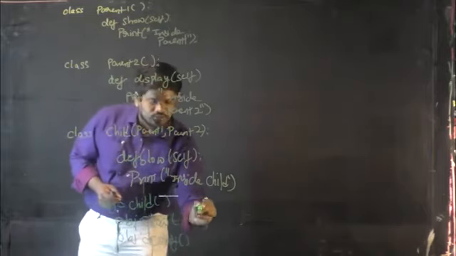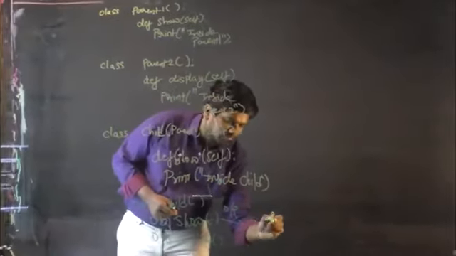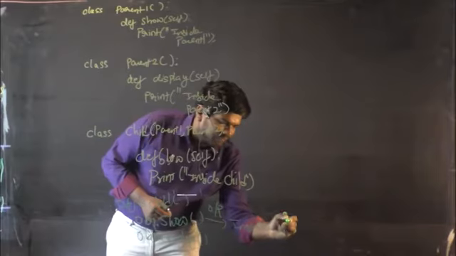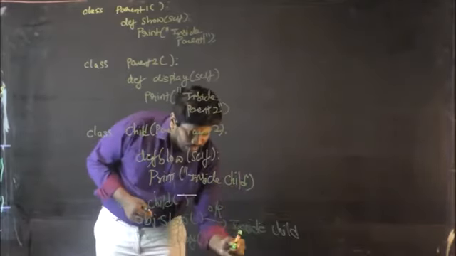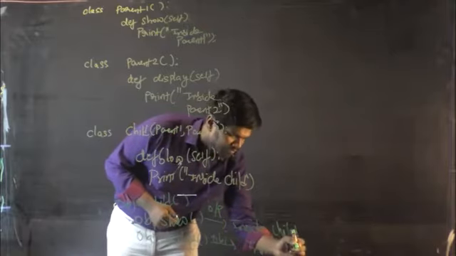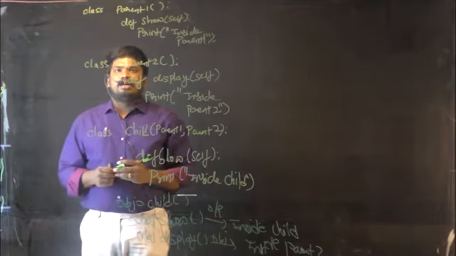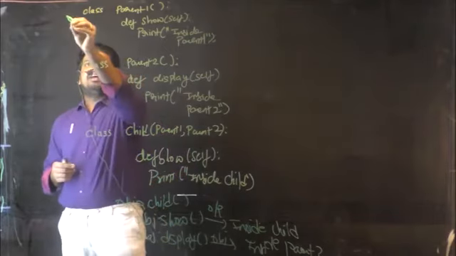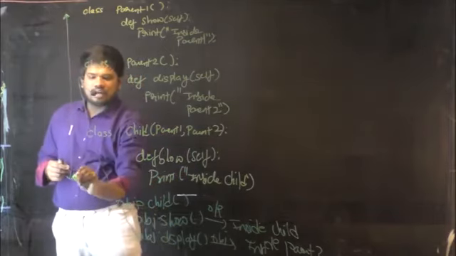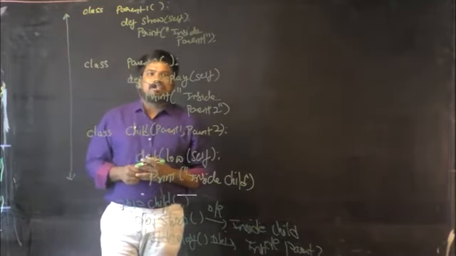The output would be "inside child", and the output for this one is "inside parent 2". So this is all about how method overriding will work in multiple inheritance.